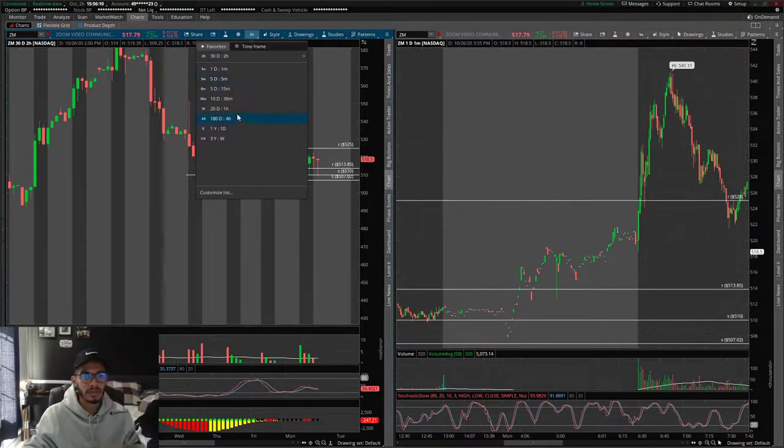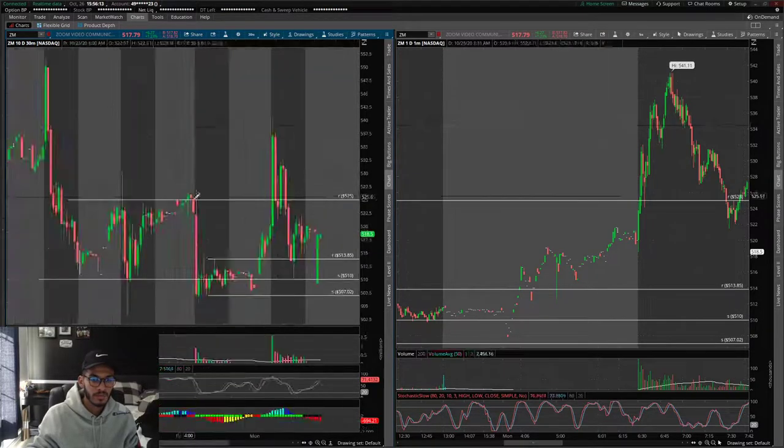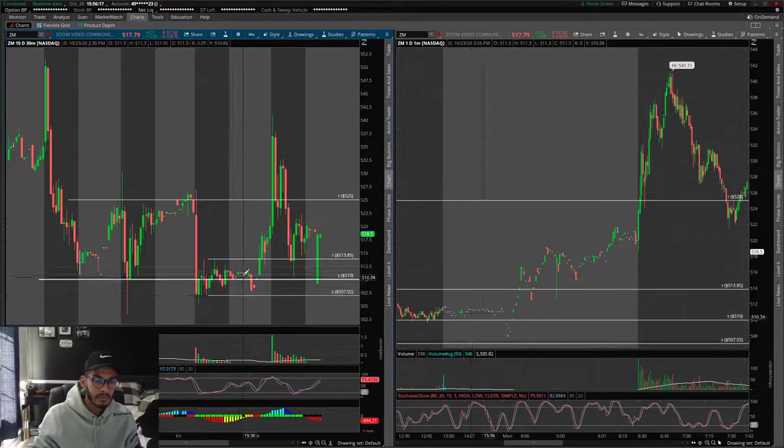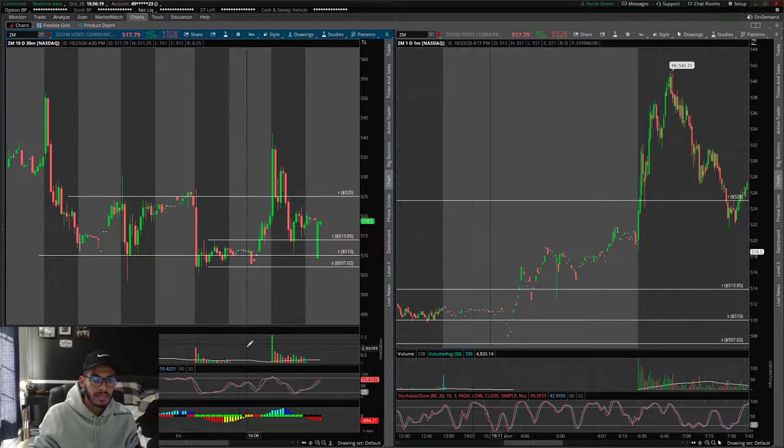So let me drill down to a 30-minute time frame to show you guys that Zoom here. We can see the TTM Squeeze Pro was in an orange consolidation range here before breaking out. So I wanted to initially play this 513 break, but obviously I couldn't get that.